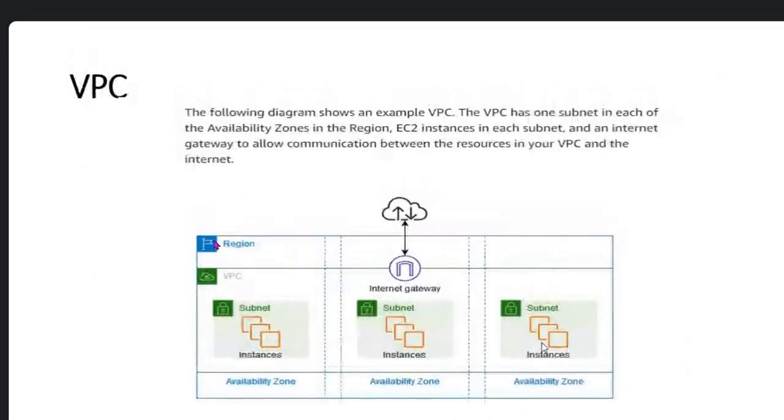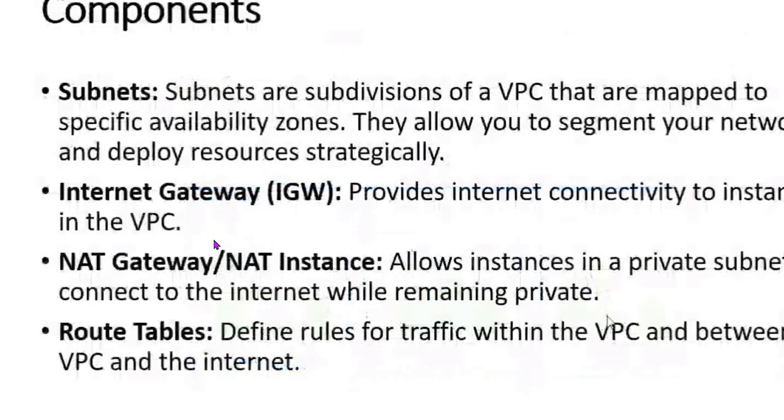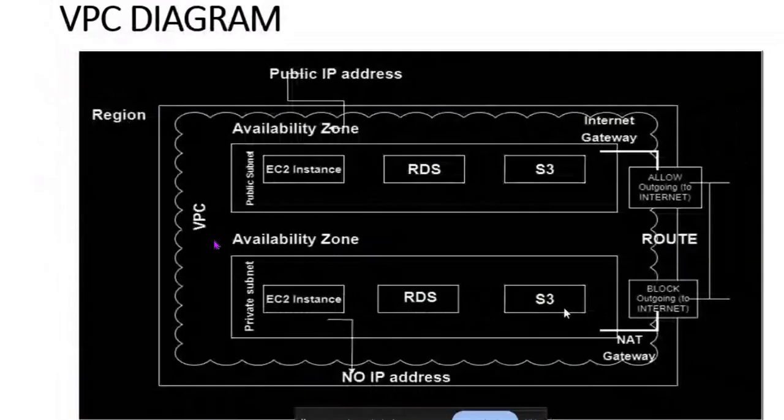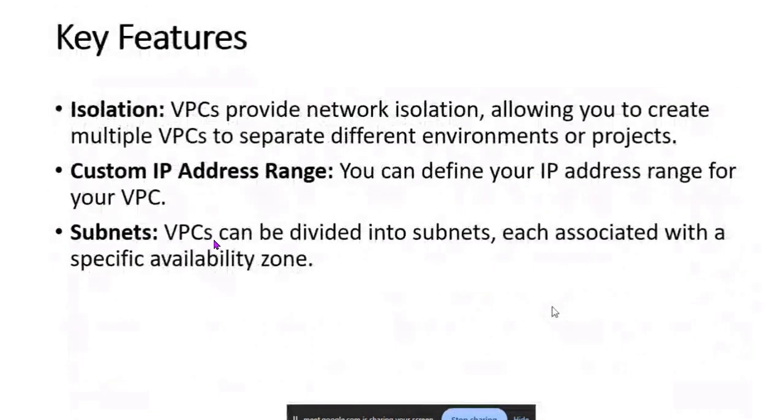Then this is an example of a VPC, but I would like to use the diagram I have at the end to explain this. But before I get there, let me go through this first. These are the key features of VPC.